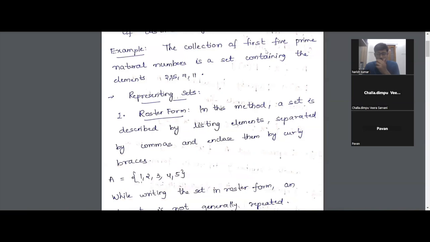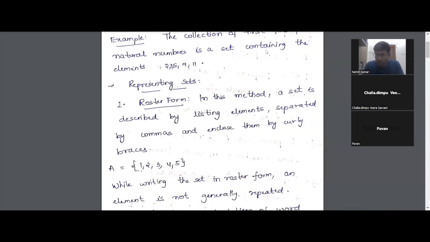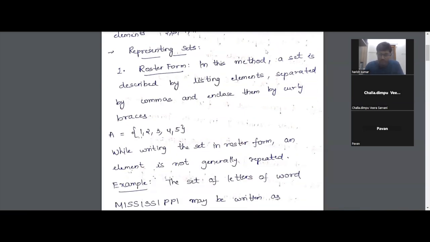Now, how do we represent sets? There are two forms. The first one is the roster form. The name is not important here, just try to understand the logic, the way it is represented. In the roster form, we simply represent the elements separated by commas in curly braces.